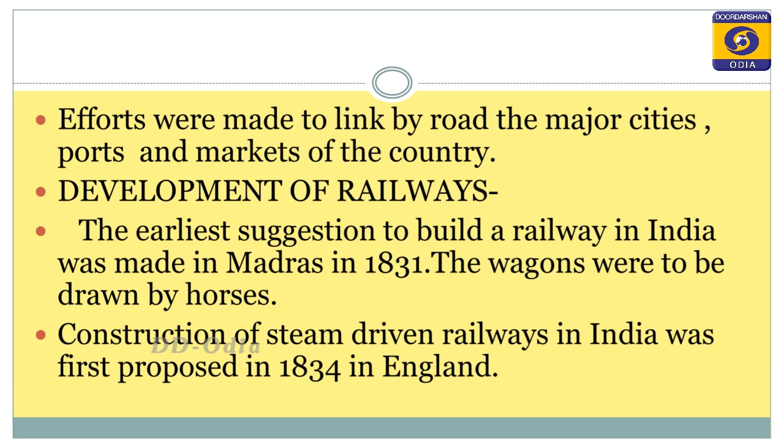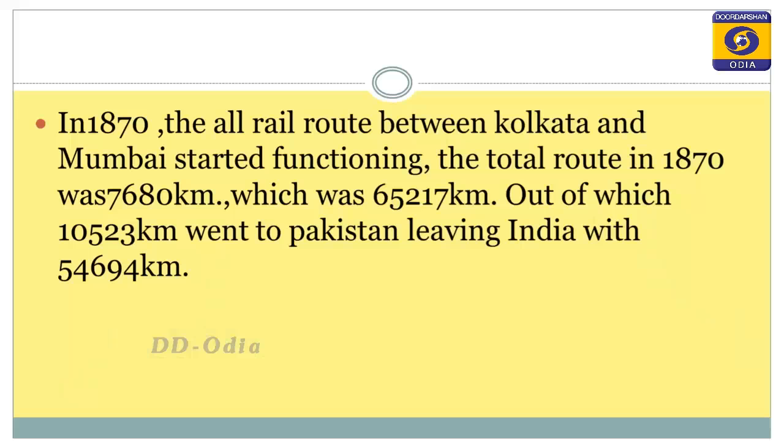Then there was the development of railways. The earliest suggestion to build a railway in India was made in Madras in 1831. The wagons were to be drawn by horses. The construction of steam driven railways in India was first proposed in 1834 in England. In 1870, the all-rail route between Kolkata and Mumbai started functioning.